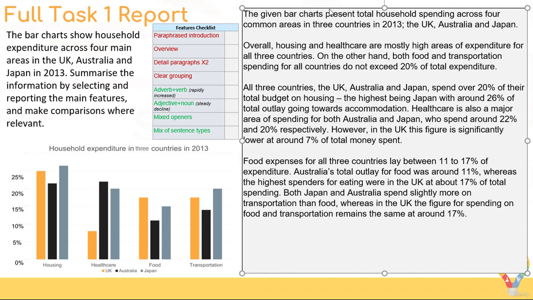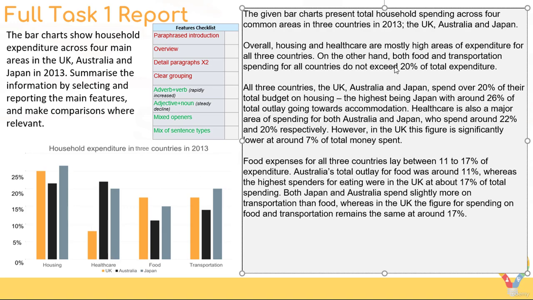The given bar charts present total household spending across 4 common areas in 3 countries in 2013: the UK, Australia and Japan. Overall, housing and healthcare are mostly high areas of expenditure for all 3 countries.